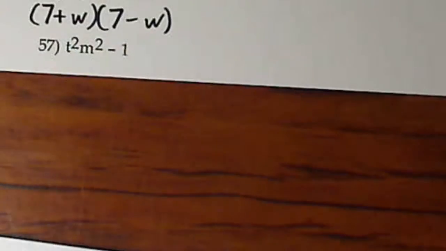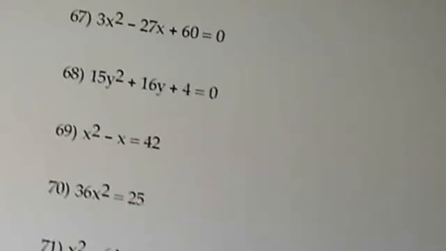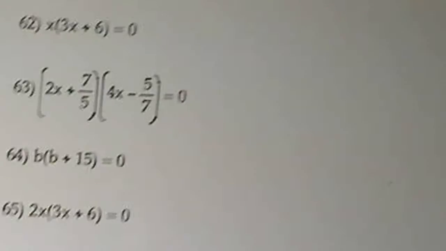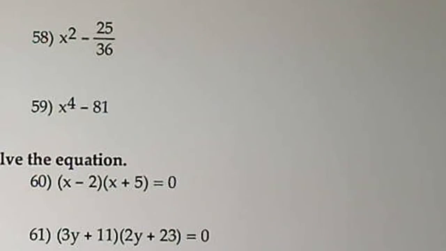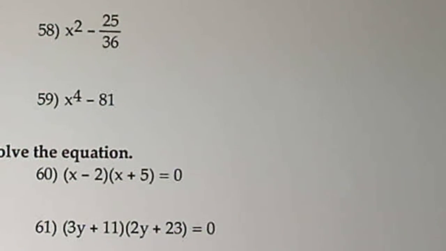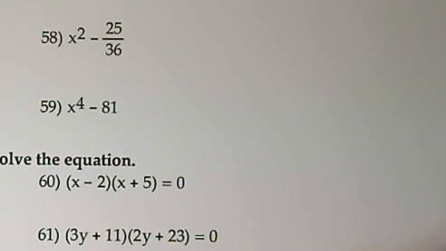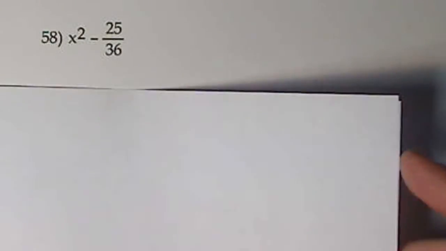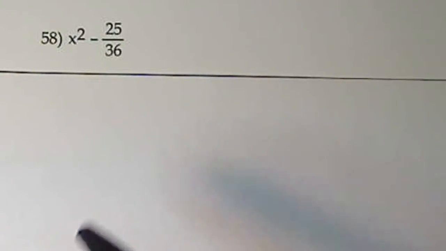All right, we're also going to take a look at number 58 here. And let's get that on our screen. It might look a little intimidating, but we've just been talking about difference of squares quite a bit. So, x squared is a perfect square.